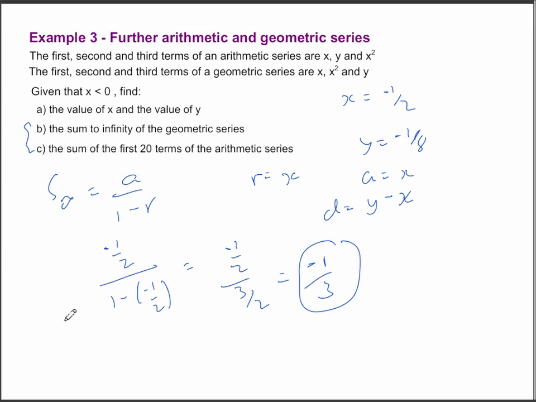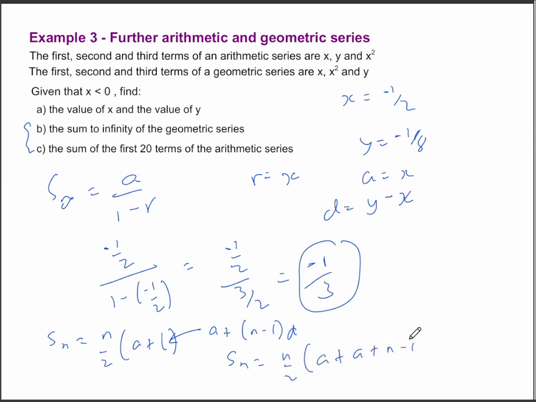Now for the sum of the first 20 terms, remember that Sn equals n over 2 times a plus l, where l is the last term. But if we don't have the last term, we can rewrite l as a plus n minus 1 times d. Therefore we will have that Sn equals n over 2 times 2a plus n minus 1 times d. When n is equal to 20, we get S20 equals 20 over 2 times 2a plus 19d.